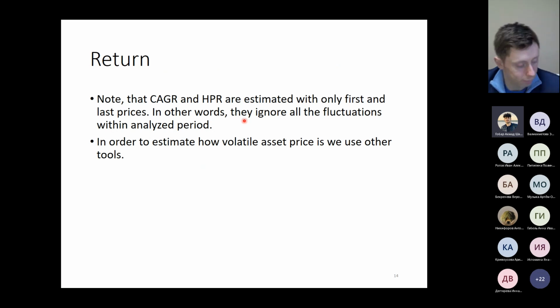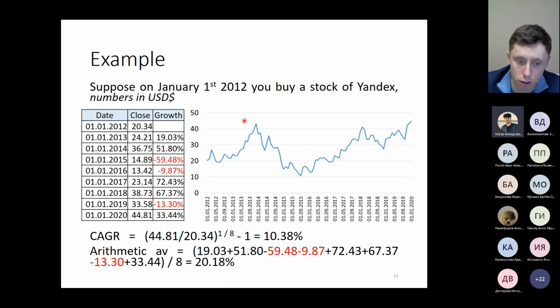In order to make the step to the subsequent part that we cover today on the risk, please note one thing. Here, in order to estimate the return for all 8 years, we used just the last price and the first price. We ignore all the fluctuations that happened in between, as if there is just a straight line here.